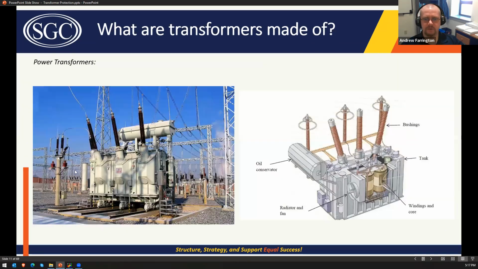If you don't have a conservator tank, you'll likely have nitrogen tanks, and they're usually just a bottle or three of nitrogen that keep positive pressure inside the transformer tank. So if you don't have a conservator tank, you can't completely fill this with oil, because then when it heats up and expands, there's nowhere for the oil to go.